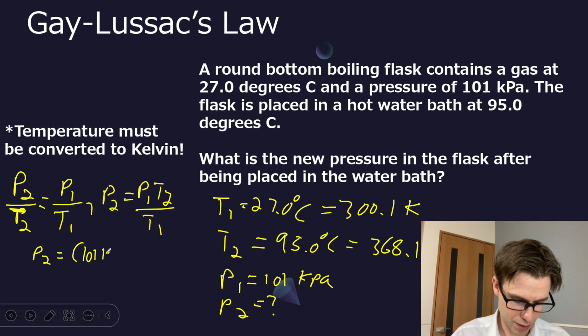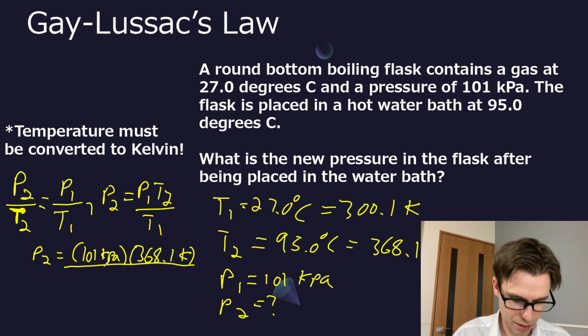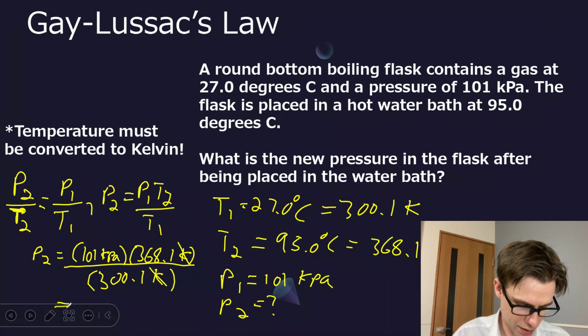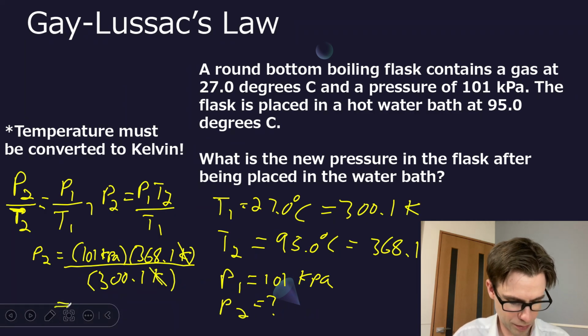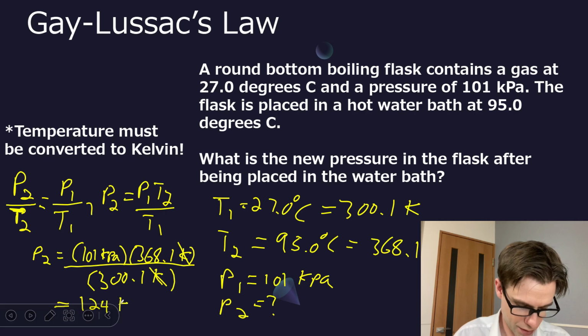P1, 101 kilopascals. T2, 368.1 K. On the bottom, T1, 300.1 K. So our Kelvin units will cancel out. We will get an answer here in kilopascals, so put those numbers in the calculator. We should have about 3 significant figures here, so it's about 124 kilopascals.